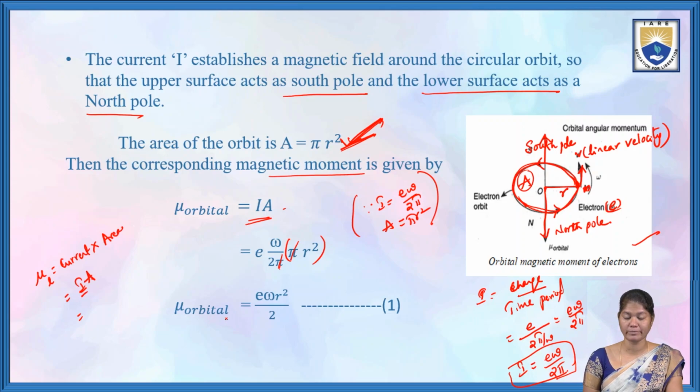So mu orbital is equal to e omega r square by 2. This is taken as equation 1.